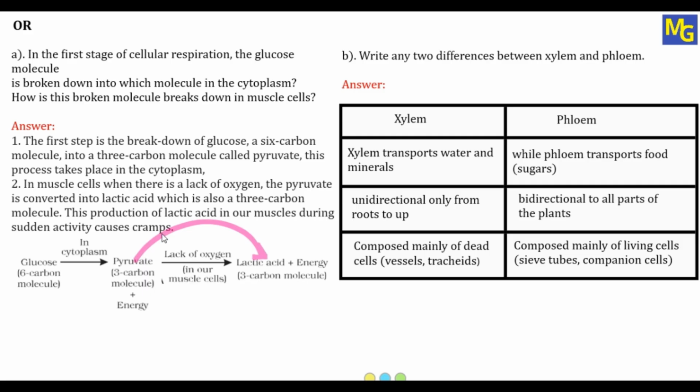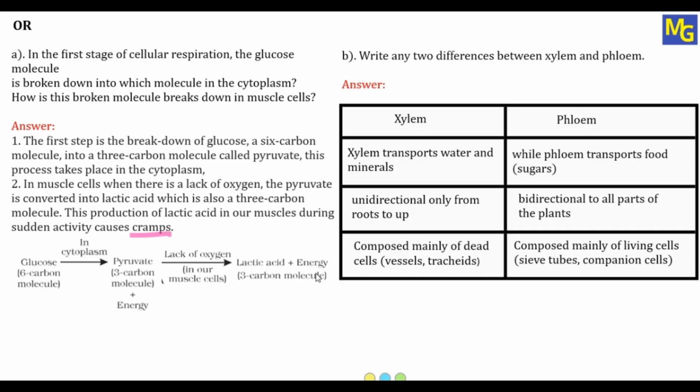This production of lactic acid in our muscle during sudden activity causes cramps. So when this reaction takes place in muscle, lactic acid is produced and stored in the muscles. And when the amount of lactic acid exceeds a limit, it causes cramps in the muscles.